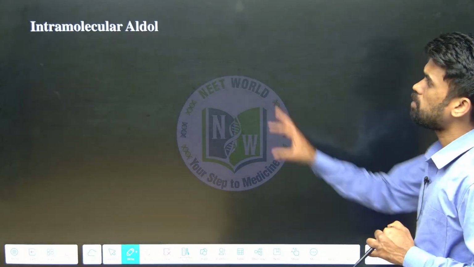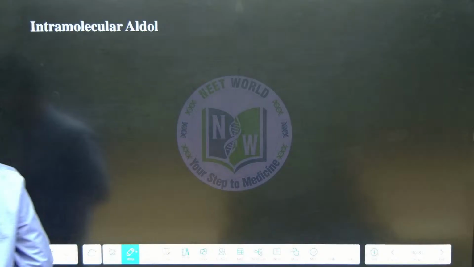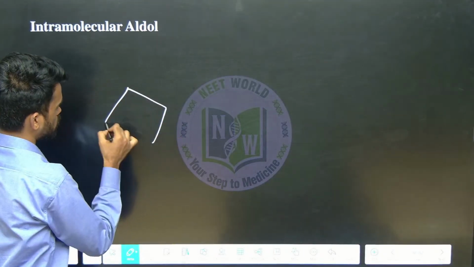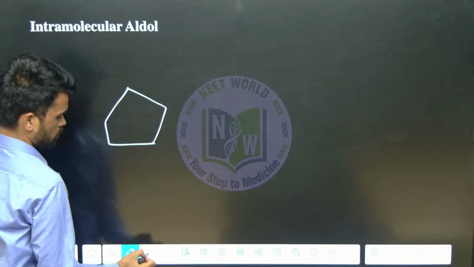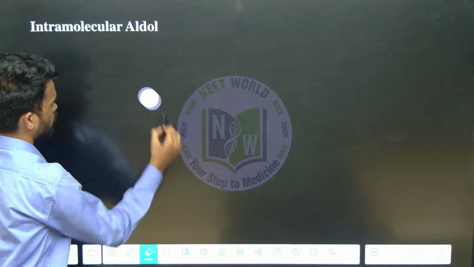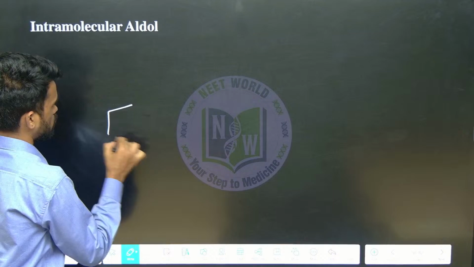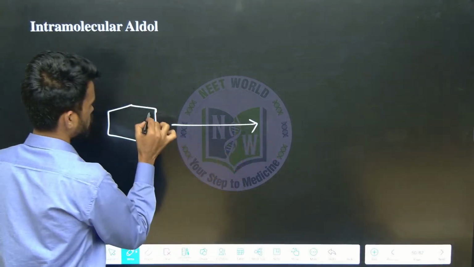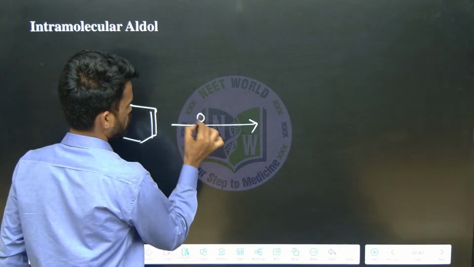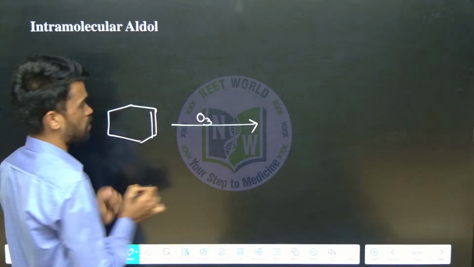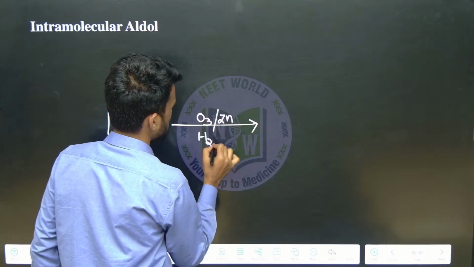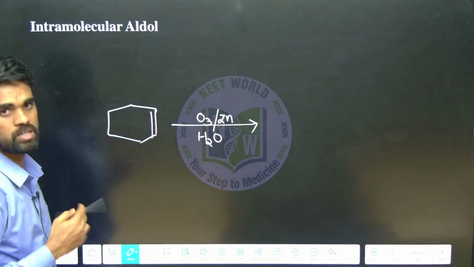Intramolecular aldol condensation. What do we mean by intramolecular aldol condensation? See what I am making here. Let us take one example. One cyclohexene I am taking, and I am treating this with ozone in the presence of zinc as a reducing agent, followed by addition of water.